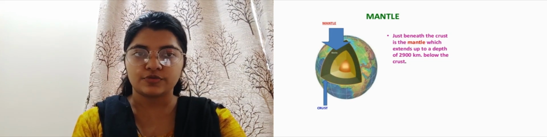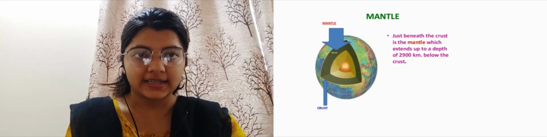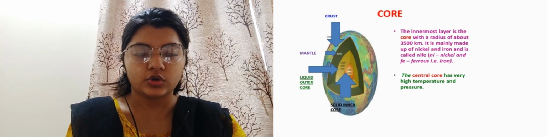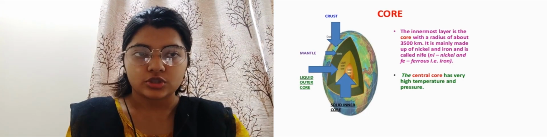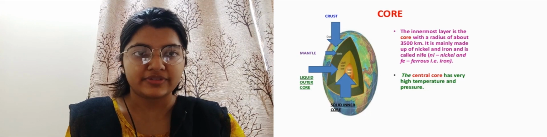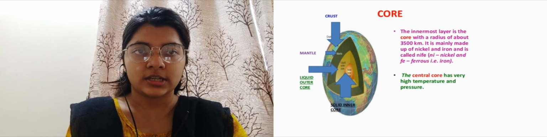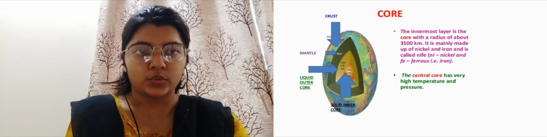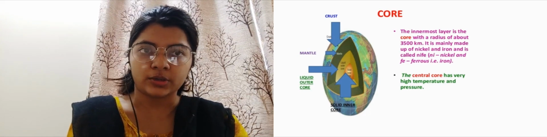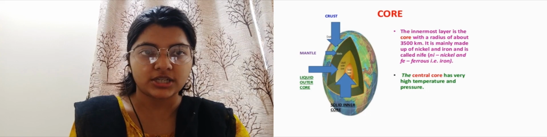Now let us move to the next part, which is the core, C-O-R-E. The core is the innermost layer with a radius of around 3500 kilometers. I repeat, the core is the innermost area with a radius of around 3500 kilometers. Again, it is very important to remember 3500 kilometers.